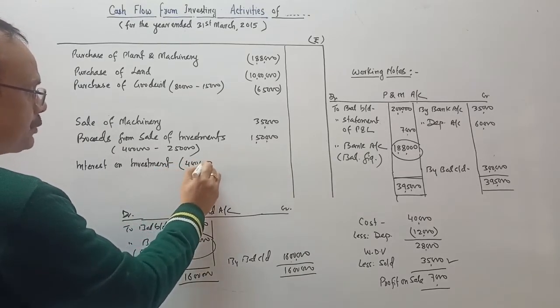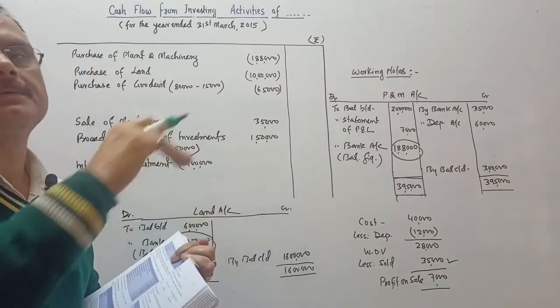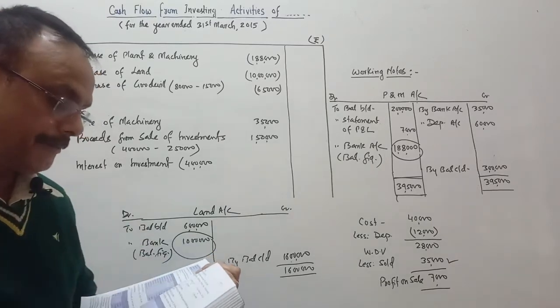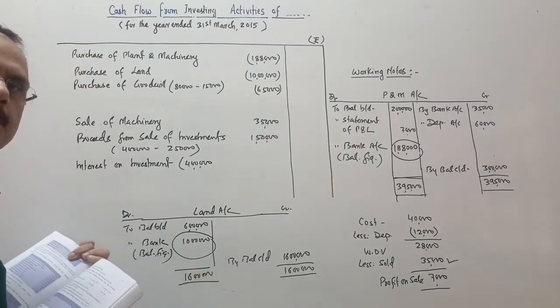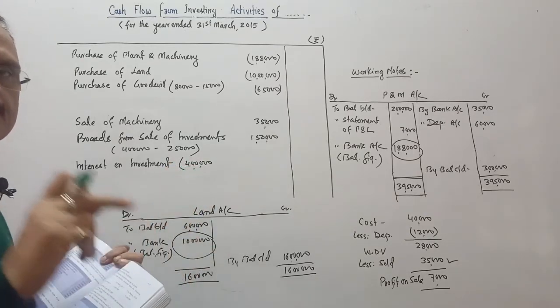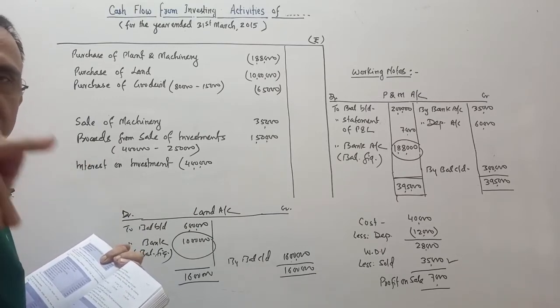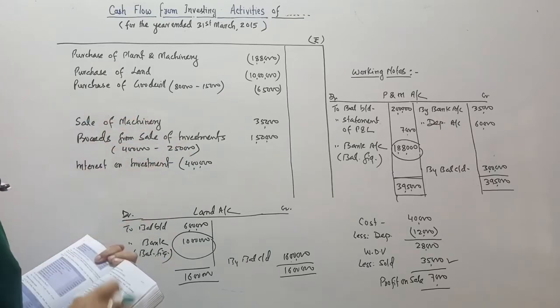And if we assume that the investment is sold at the first day of the financial year, then the interest will be received on 2,50,000. Whatever we assume, we write in the working note. So in the working note I am taking 4 lakhs, and I will write that I assume the investment is sold at the last day of the financial year.